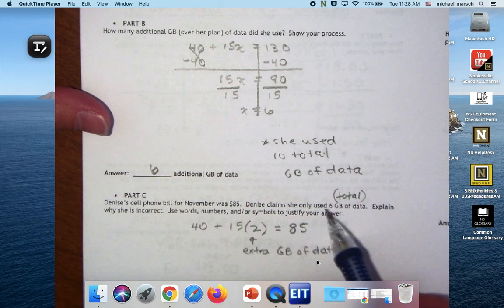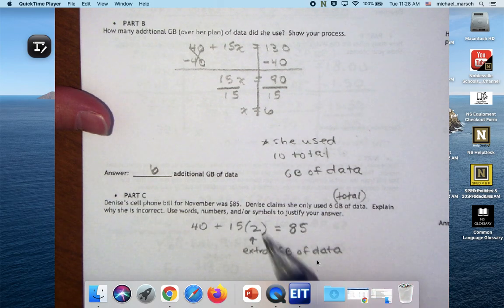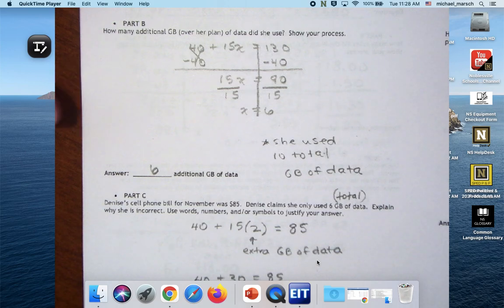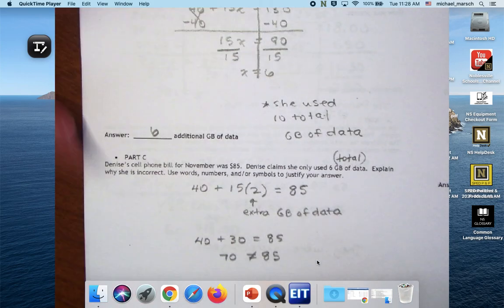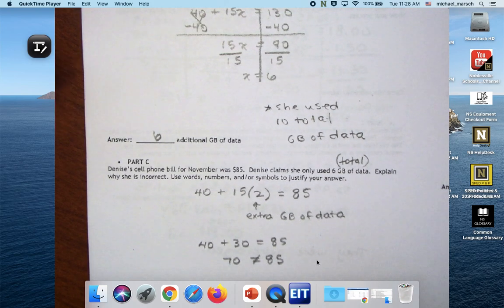Right? Because if she used 6 total, we know she's saying that she would have only had to pay for 2 of those. So 40 plus 30, 70 does not equal 85. So we know that she used more than 2.